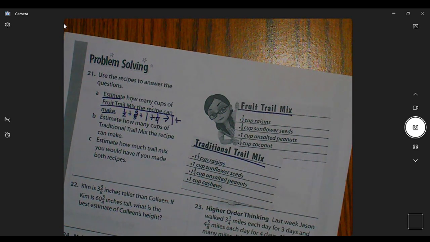What would it be closest to? If your brain is saying it's close to 1/2, you need to ask yourself, is it more than 1/2 or less than 1/2? If it's less than 1/2, what would it round to? Right, 0.